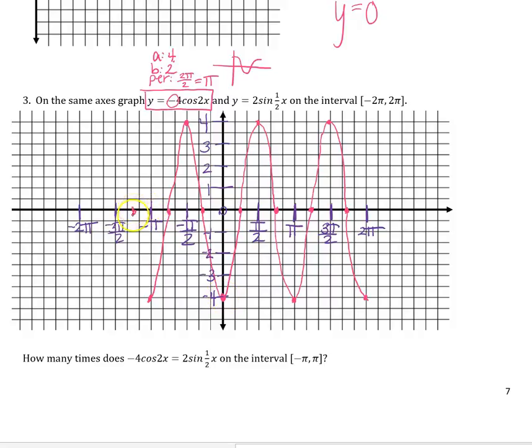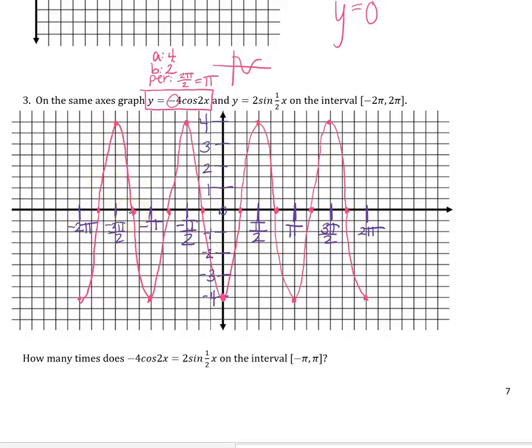Then keep continuing the pattern. It's a little bit harder to make it look nice on a tablet, but you guys shouldn't have too much of a problem with the pencil or pen.